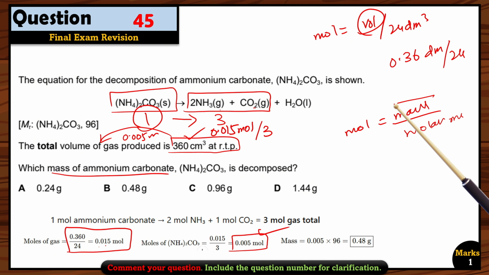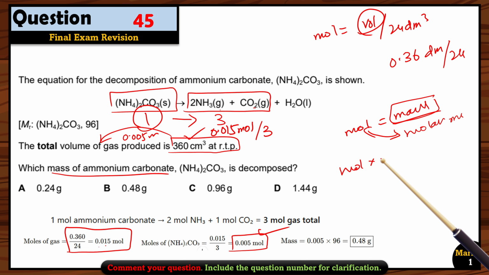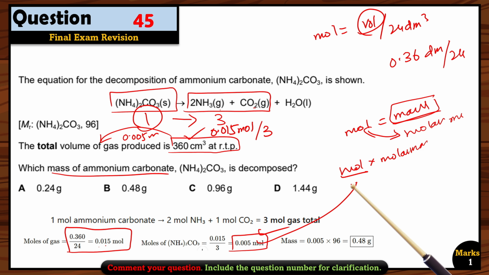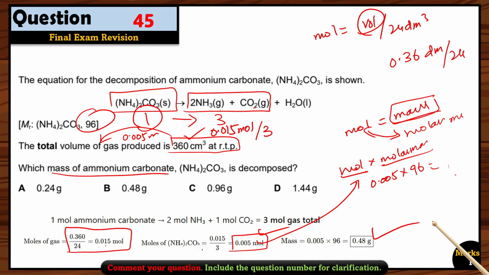Mass you have to find, so just rearrange this formula: moles times molar mass. Moles we already know, 0.005, and molar mass is already given in your question, 96. So 0.005 multiplied by 96 will be your answer, and that is 0.48 gram. So 0.48 gram is the answer, B.